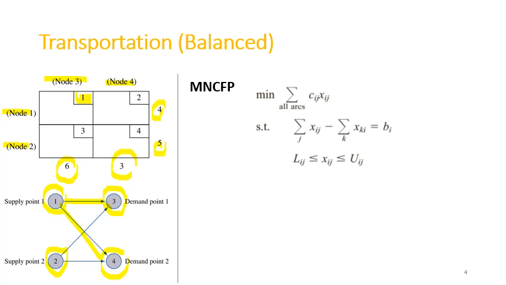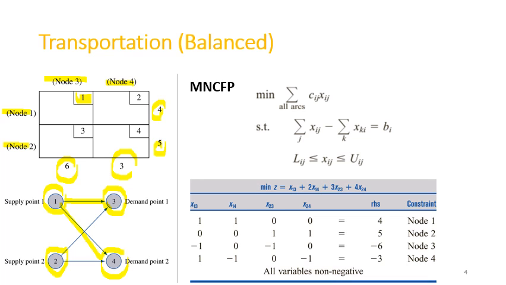Now let's model it as a minimum cost network flow problem. First of all, the objective is to minimize the total cost of sending the goods from supply points to demand points. Here, for each unit that we send from 1 to 3, the cost is 1, so 1 times x13.